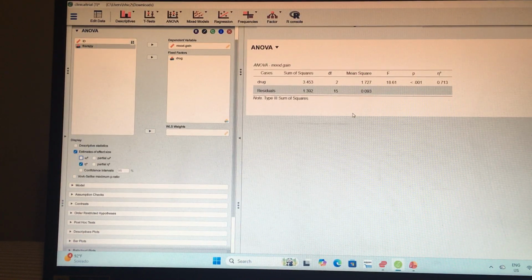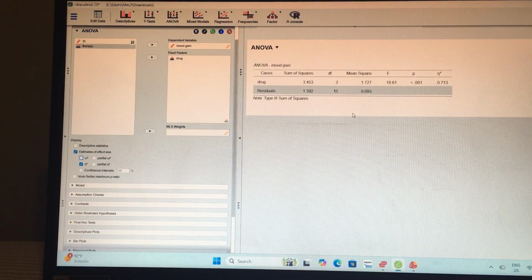It's possible to make human errors like rounding errors, so this software is typically more accurate than the hand calculations. Also note that we checked the n squared box, which is actually pronounced eta squared. And we will come back to effect sizes in a little bit.